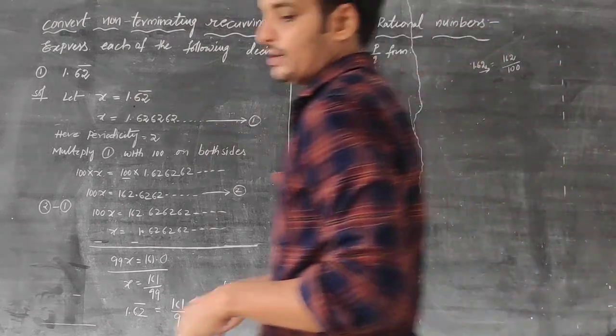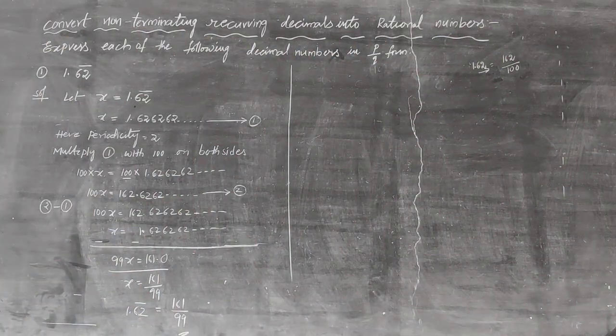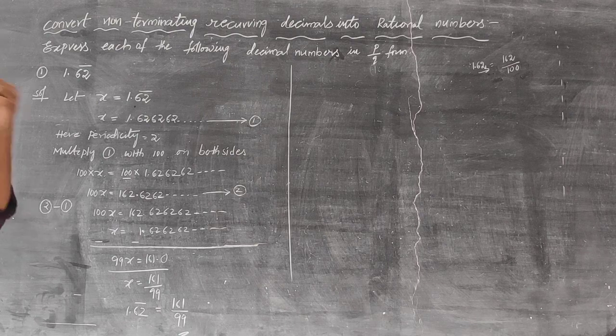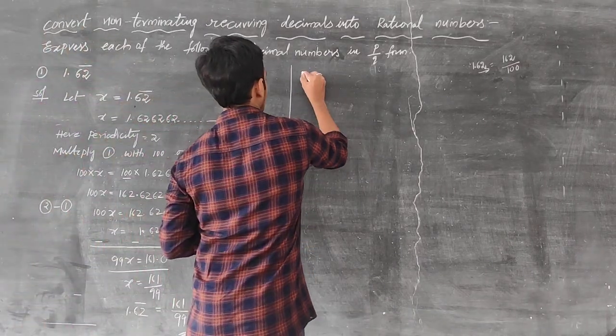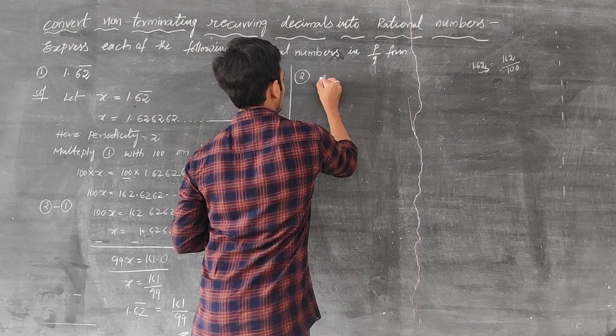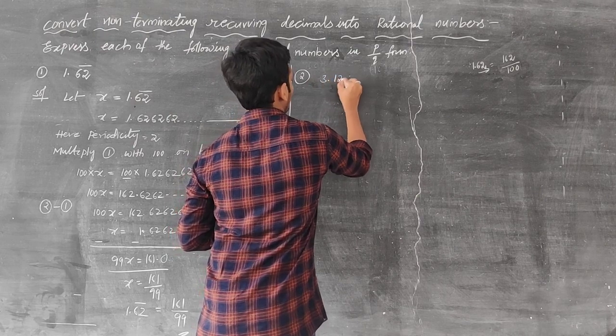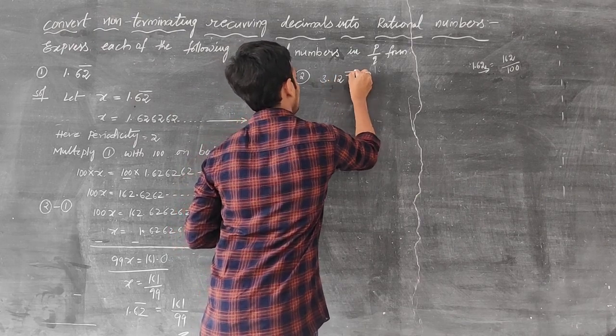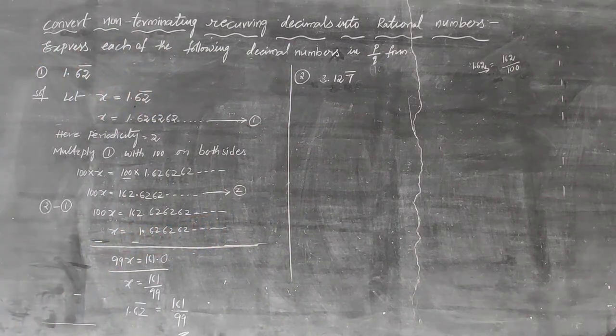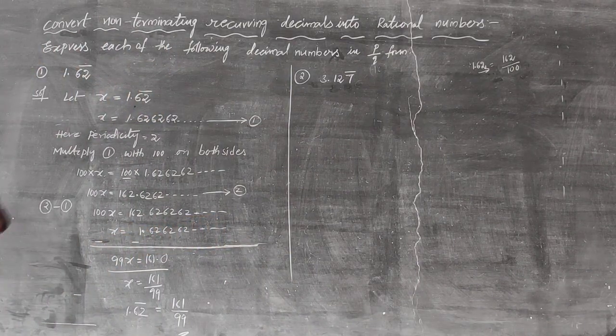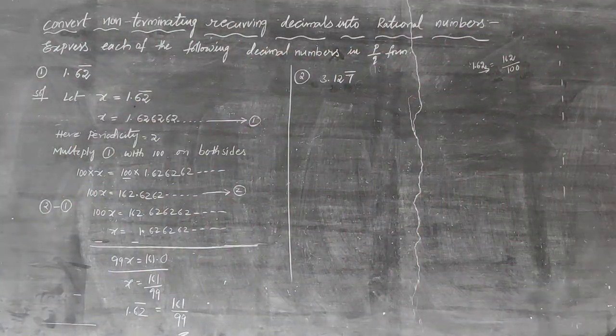Okay, I will explain one more problem, that is 3.127 bar. The remaining you have to do as homework. 3.127 bar. Okay, my dear students, look at the board. I am explaining problem number 5.